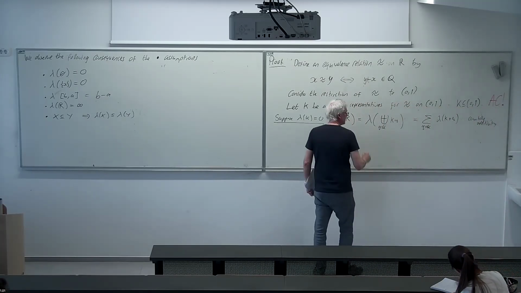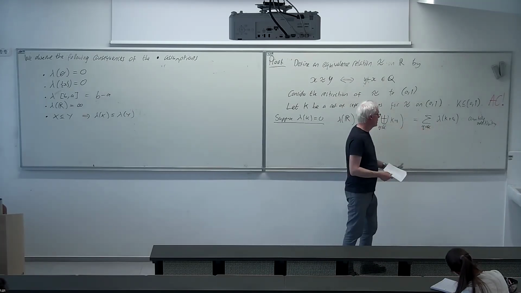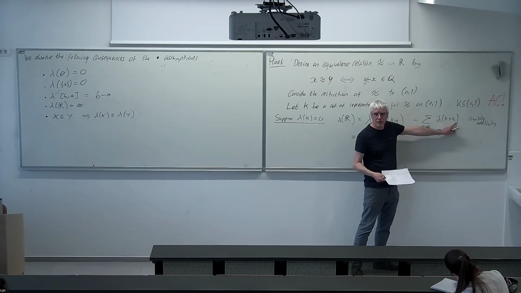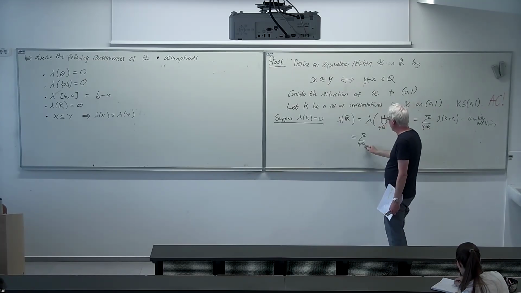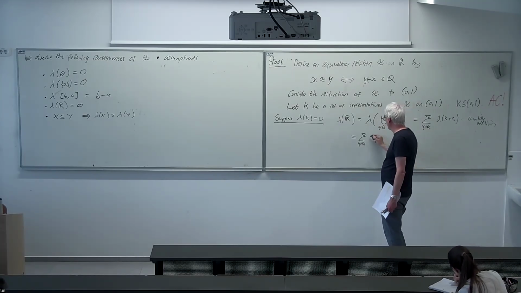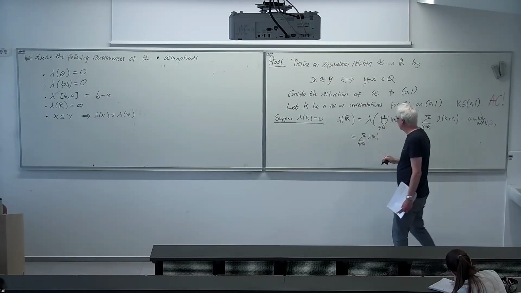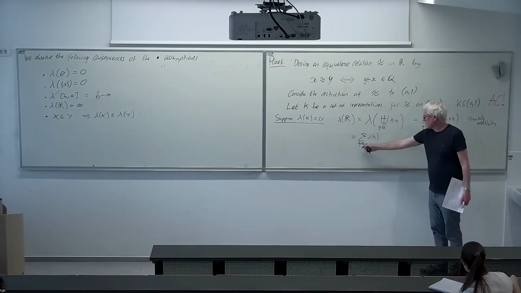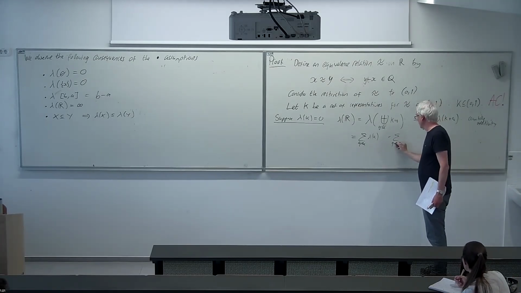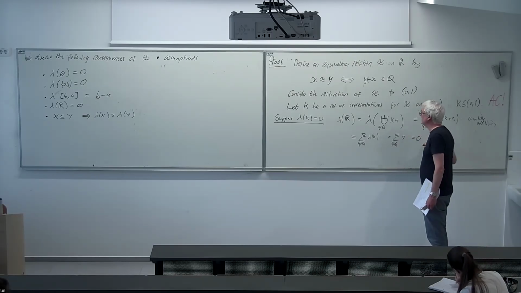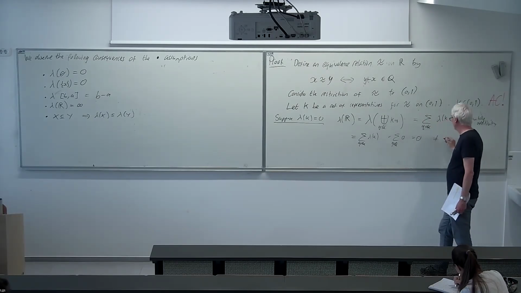And then by translation invariance, here we're translating K by Q, but the length of that translated set is the same as the length of K. So this is the sum, one summand for every rational number, of the length of K. And this is the sum of zero countably many times, so this is the sum indexed by rational numbers of zero, and that's zero, which is not equal to infinity.